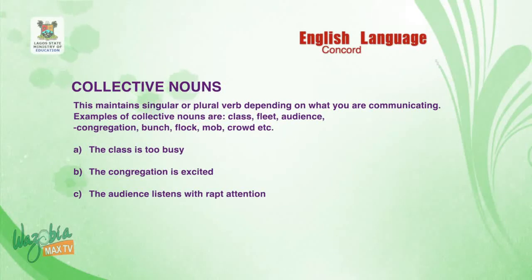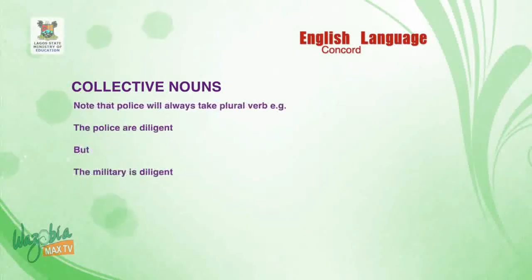The congregation is excited. The audience listens with rapt attention. Note that police is a collective noun, but it will always take a plural verb. For instance, the police are diligent, but the military is diligent.